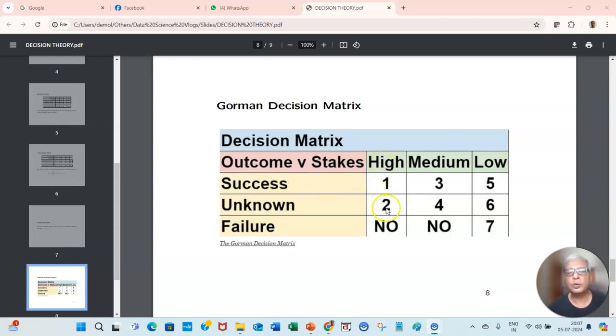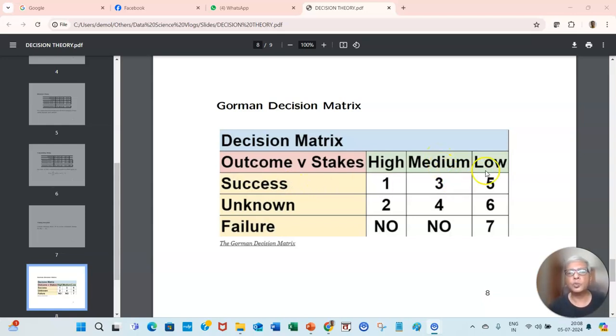Then comes priority 2, when it is unknown to you whether it is going to be a success or failure with high probability. Then you put third priority to a success with medium probability. Medium probability is 40 to 80%. Then comes the fourth priority when it is unknown to you but has medium probability.